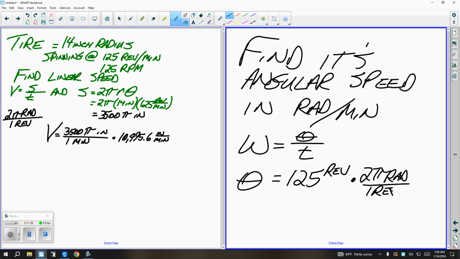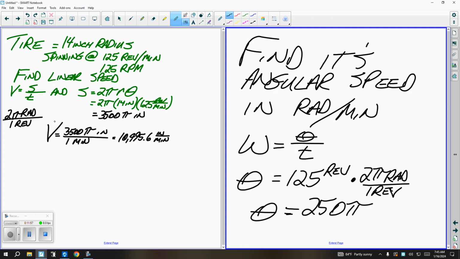And then theta is going to be 250 pi, and that's in radians. The revolutions canceled out. On the green problem, I should have written radians over revolution.